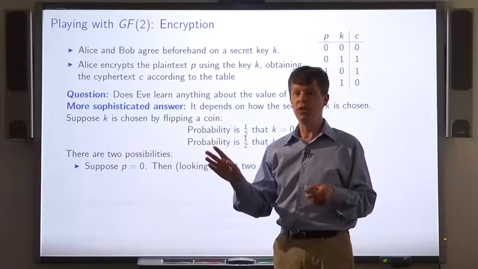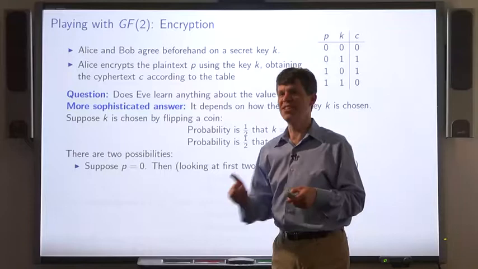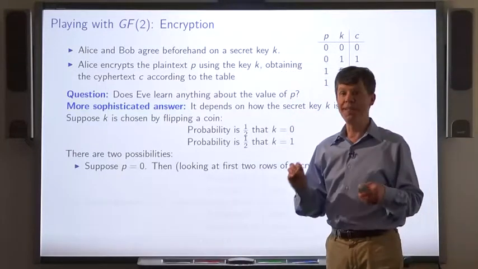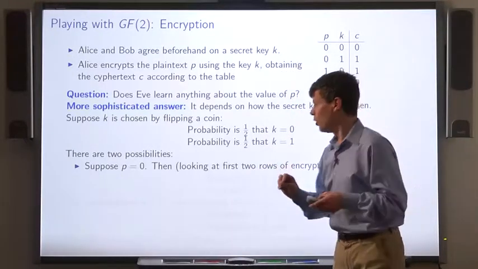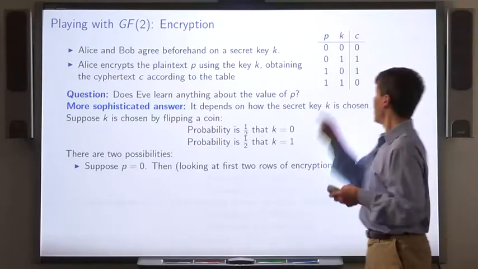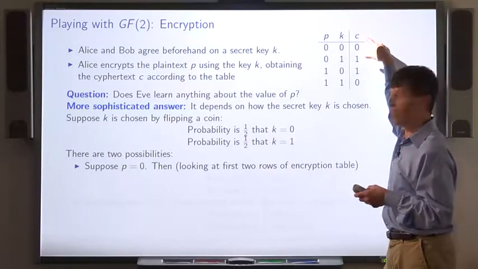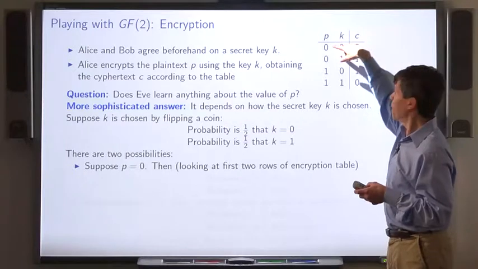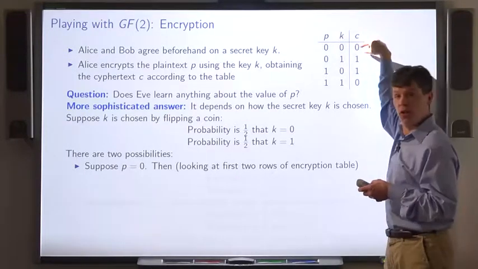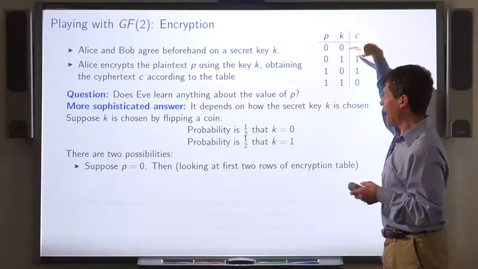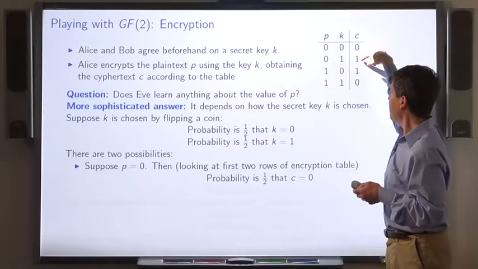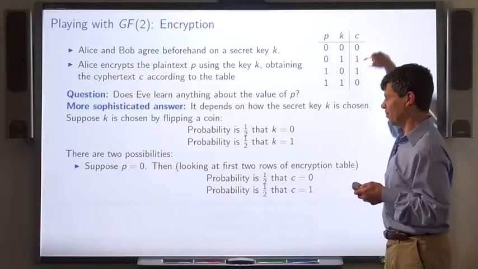Before she even goes out to eavesdrop, she reasons as follows. Suppose the plain text turns out to be 0. Well, the key is chosen randomly. So looking at the first 2 rows of the table, the probability that the corresponding ciphertext is 0 is 1/2, and the probability that the ciphertext is 1 is 1/2.